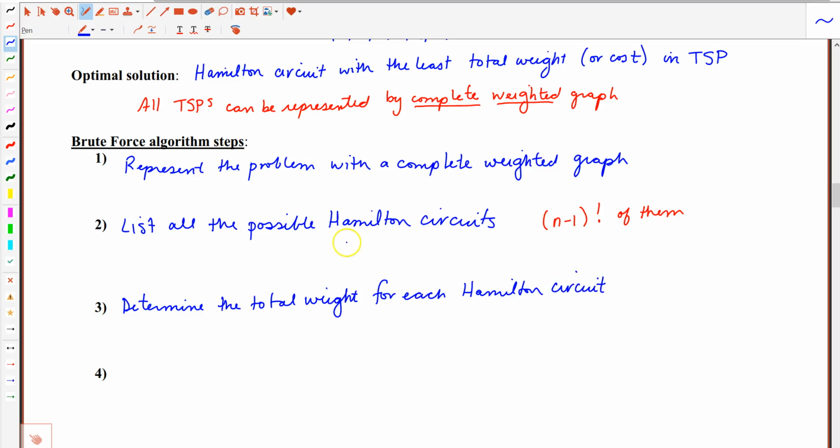So since we have listed all of the possible Hamilton circuits, and then we'll have found the weight for all of the possible Hamilton circuits, then for step 4 we can identify that optimal solution. So the optimal solution is that Hamilton circuit of least total weight.